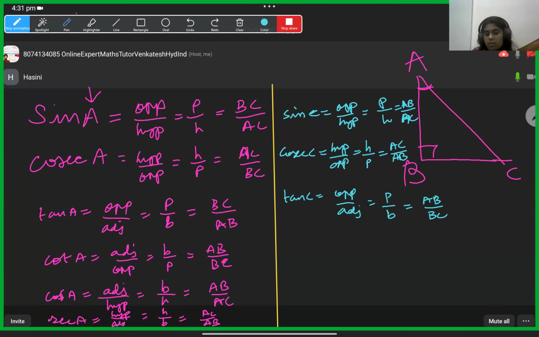So cot will be adjacent by opposite, which is BC by AB.